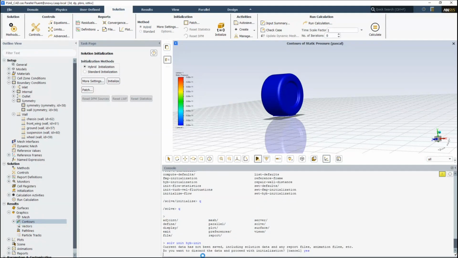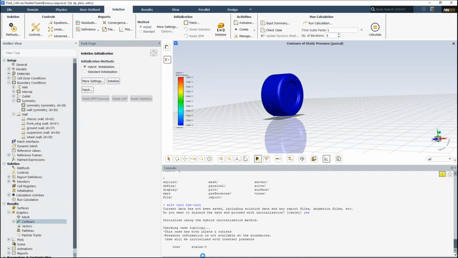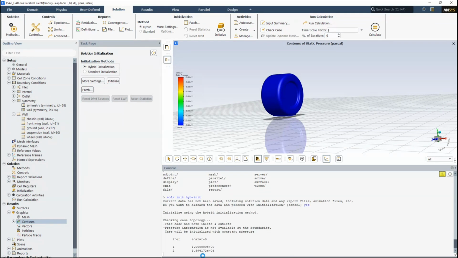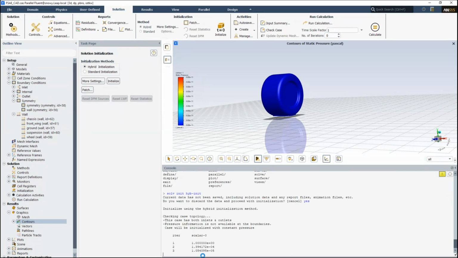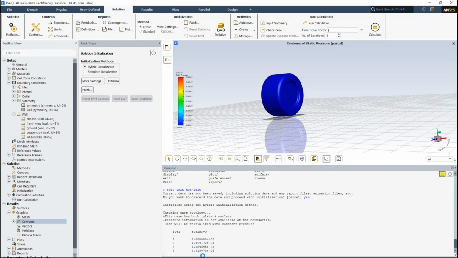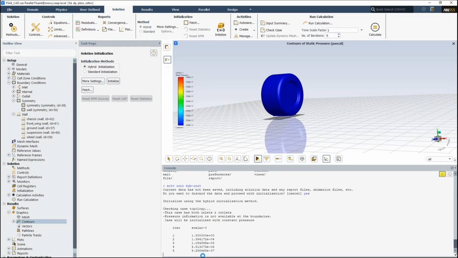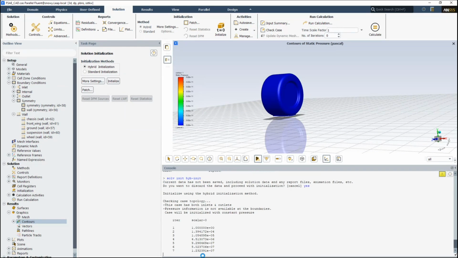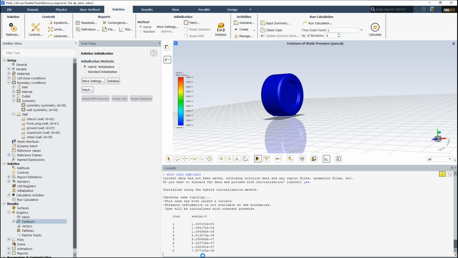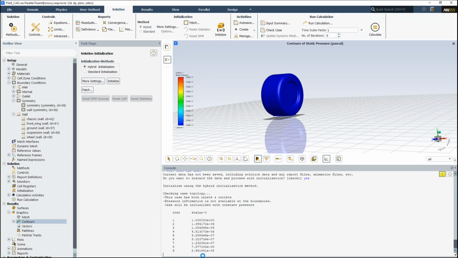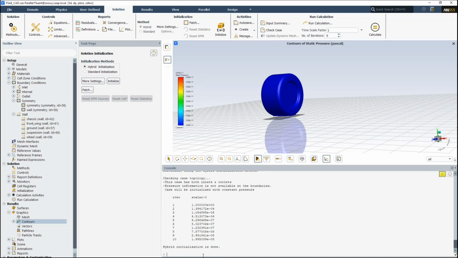If you have a journal file with a bunch of these commands, you can import the journal file and it'll run through all these commands and automate things for you. If you're doing a lot of different simulations, it can be really handy to build a journal file based on these TUI commands. And a TUI is a text user interface.